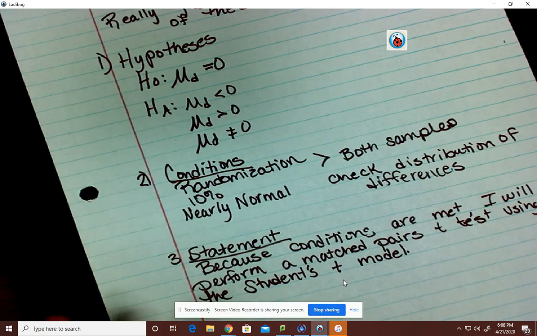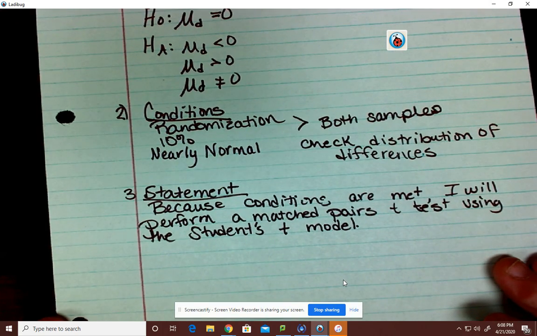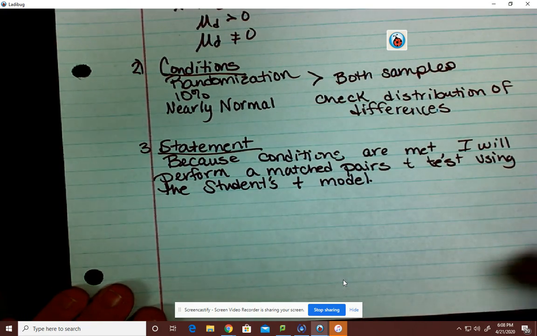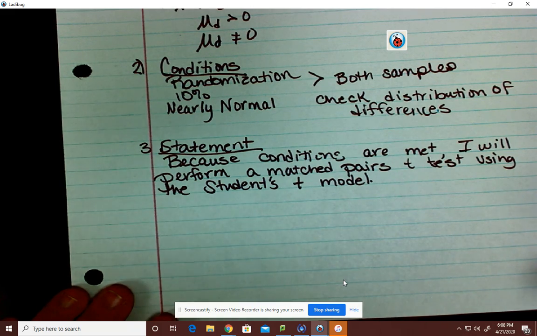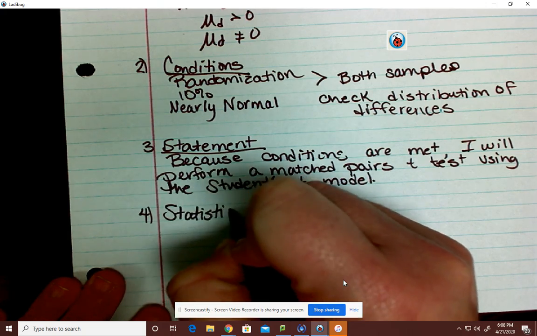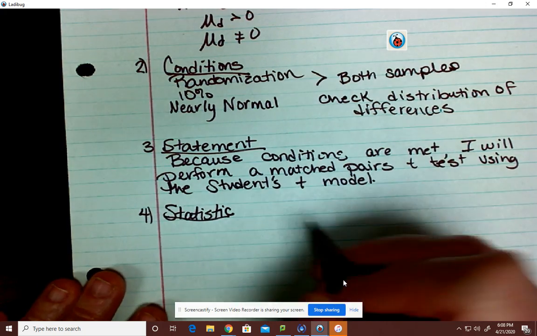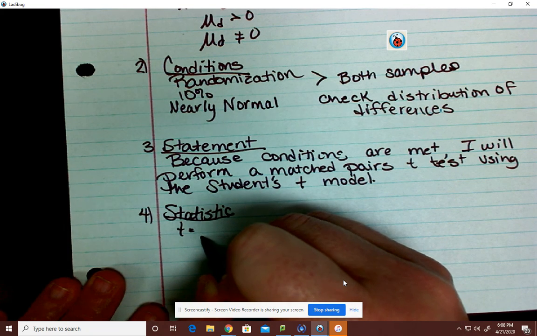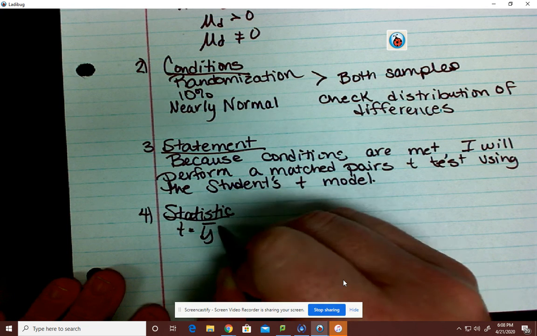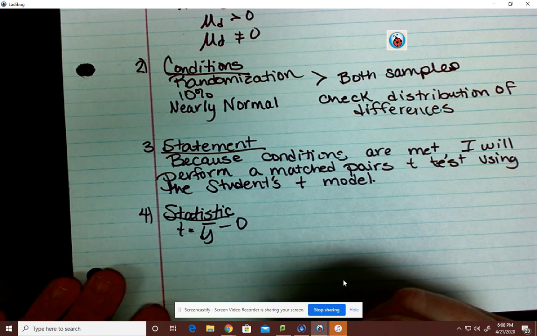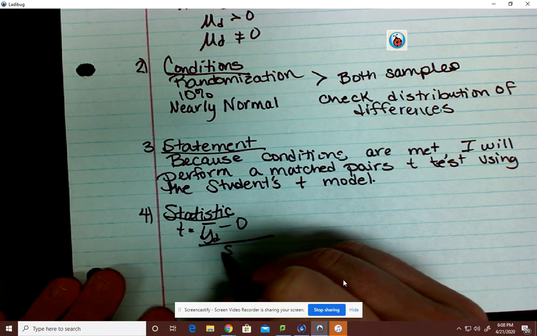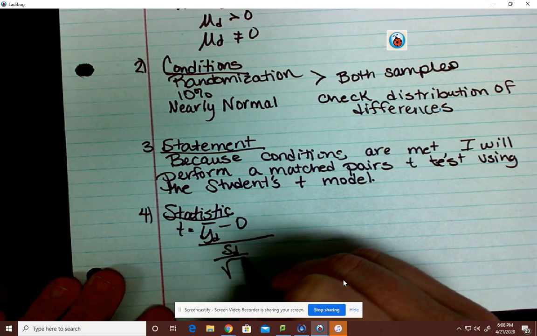Okay, so because the conditions are met, we will perform a matched pairs t-test using the student's t-model. Now, here's the thing. The matched pairs t-test is really just a one sample t-test. So to do your statistics, you find your t-score basically like you do for one sample. So it's going to be the mean of your differences minus 0 over the standard deviation of your differences over the square root of n.